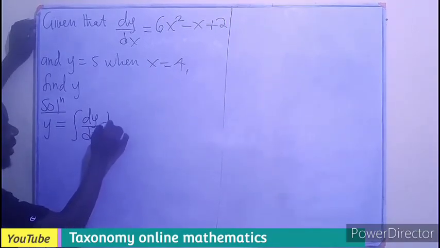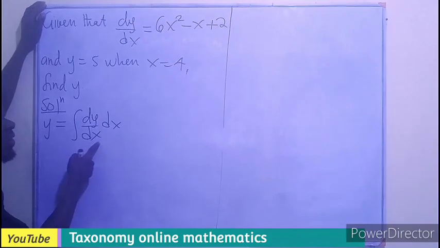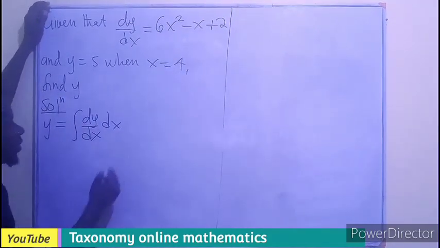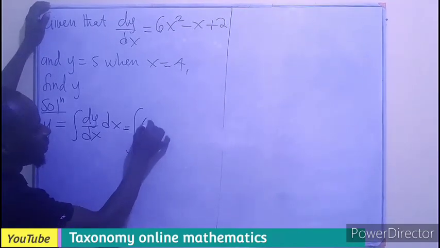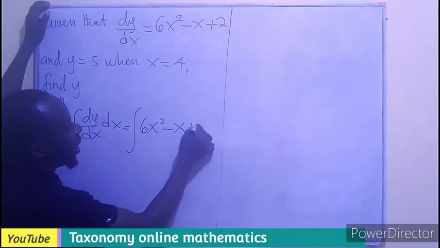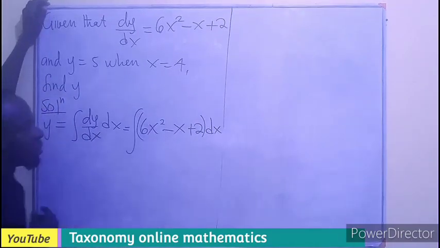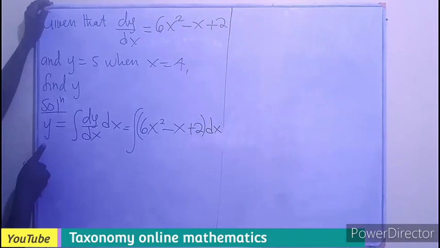We can replace dy/dx by its expression, so that it becomes the integral of 6x² − x + 2 dx. So now if we integrate this, we'll be getting y.